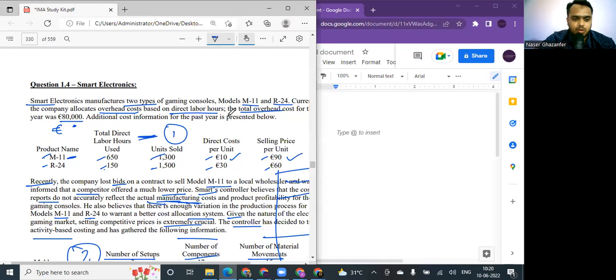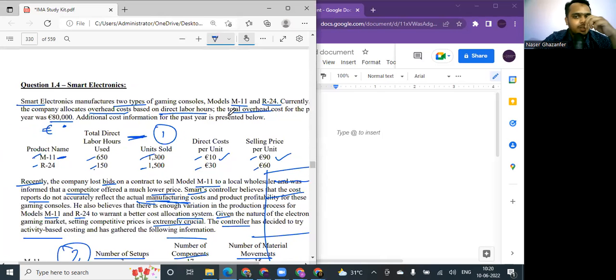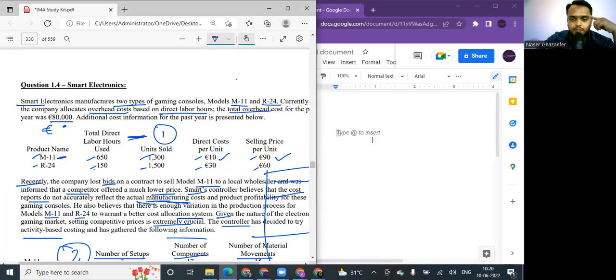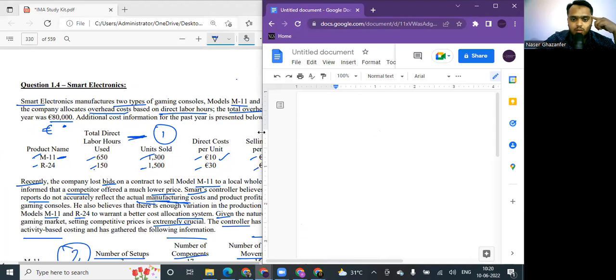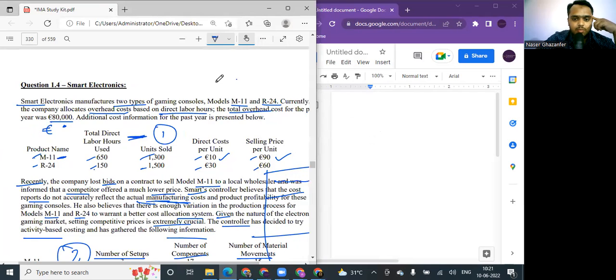But even if it is, just zoom in on your screen. Or whenever I'm doing this, I will increase the font size so that you'll be able to see it.